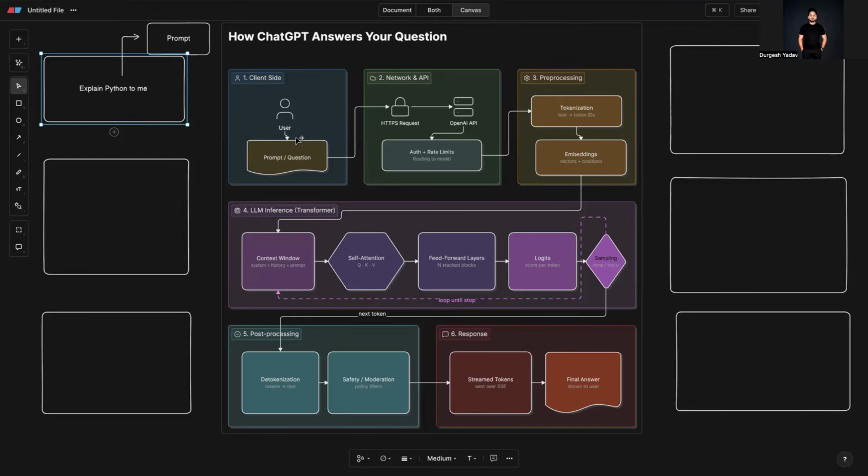At that point you need a secure connection, because if you're asking something to ChatGPT, you don't want your things to be out on the internet. So the message or prompt that you have sent needs to flow over the internet in a secure way. That's why it follows an HTTPS request and the OpenAI API. So now, what is the OpenAI API?